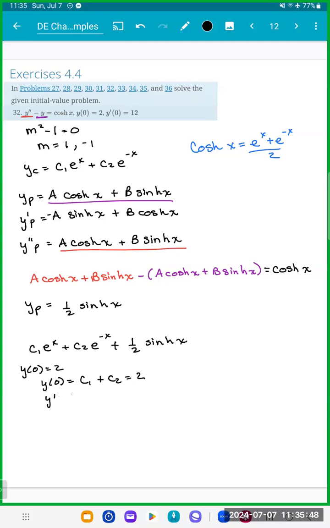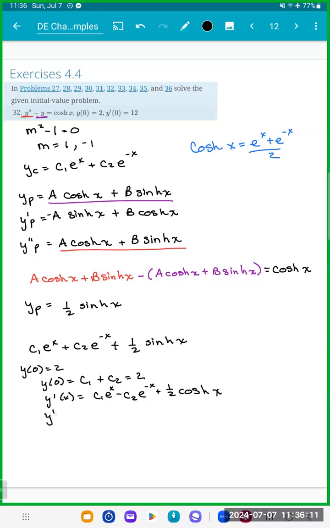Y prime of x, if I just do y prime of x to get the derivative, is c1 e to the x minus c2 e to the negative x plus 1/2 cosine h of x.